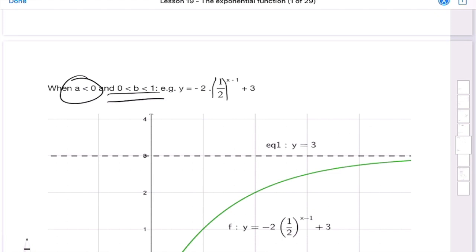And this reflection is taking place along the dotted line, which is our asymptote. If maybe the minus sign was in front of the whole function, f of x, then the reflection was going to be along the x-axis. So we need to be very careful here. This time we are just reflecting along the line y is equal to 3.